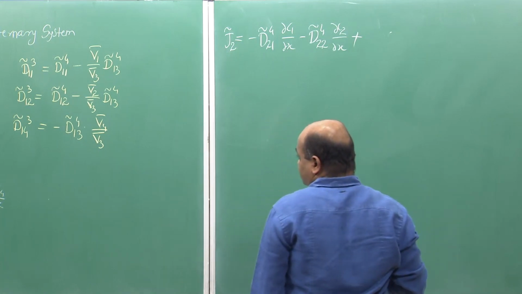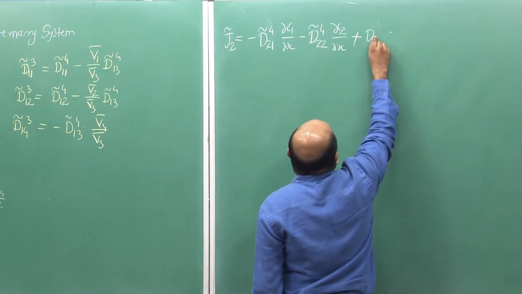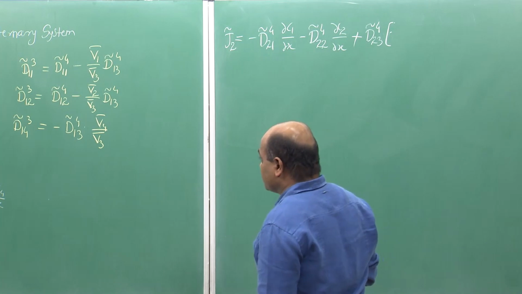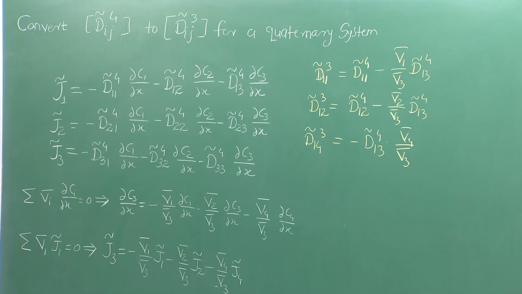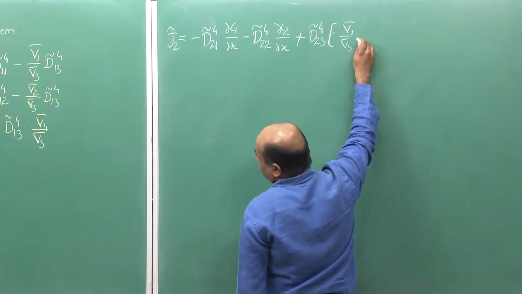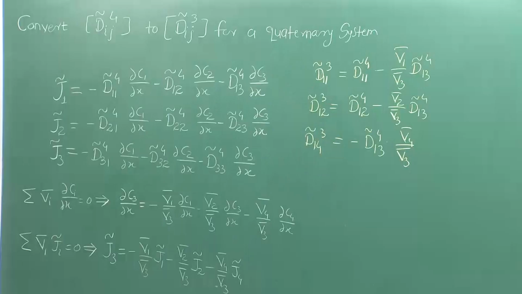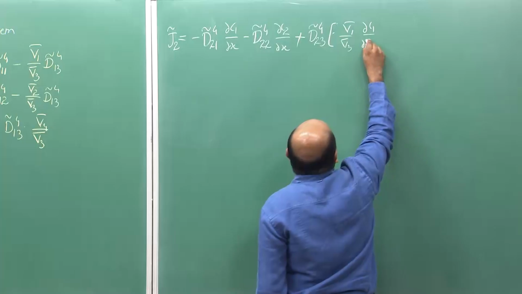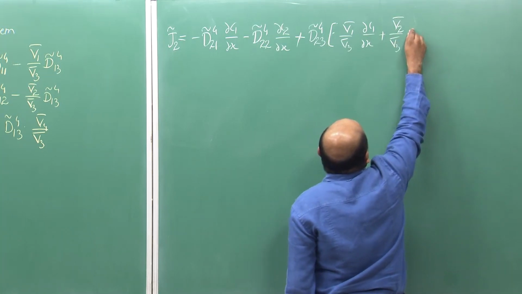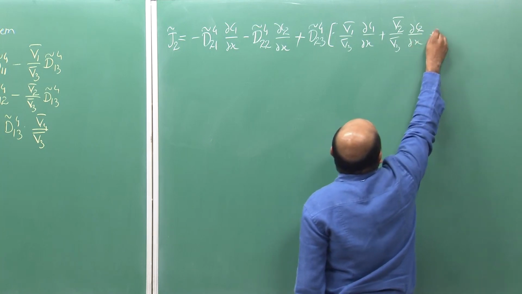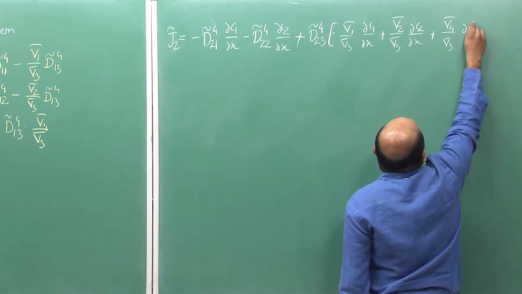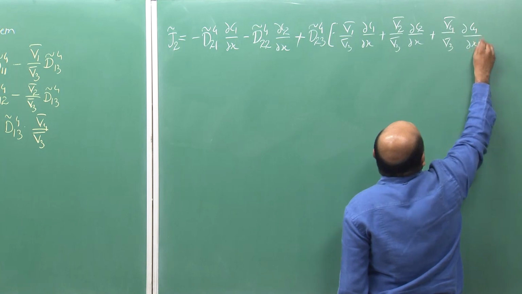This will be plus D23 tilde 4 times substitute for dou C3 by dou x, which will be V1 bar over V3 bar into dou C1 by dou x plus V2 bar over V3 bar dou C2 by dou x plus V4 bar over V3 bar dou C4 by dou x.